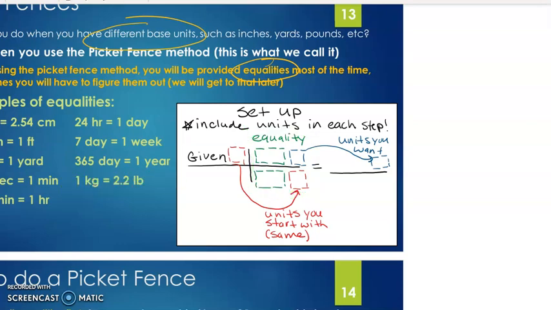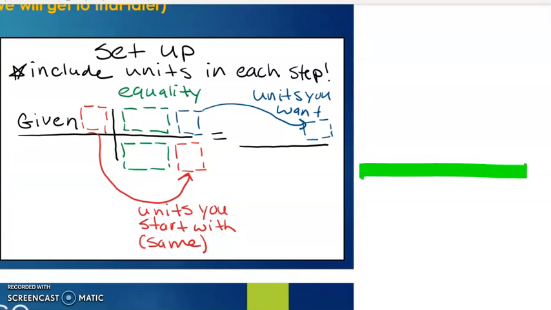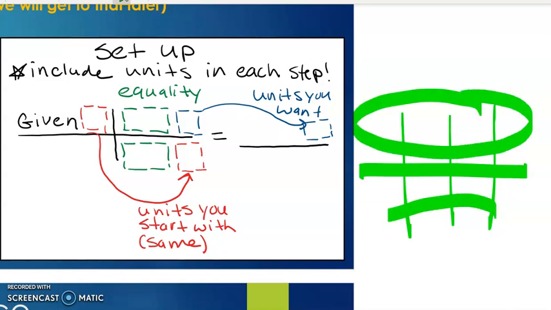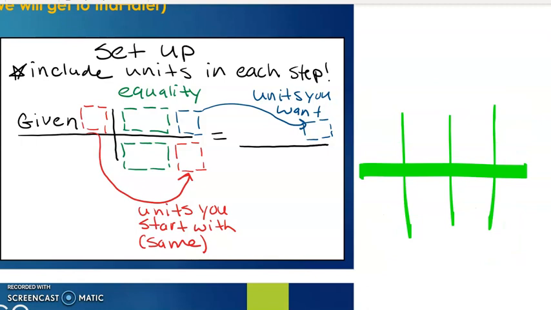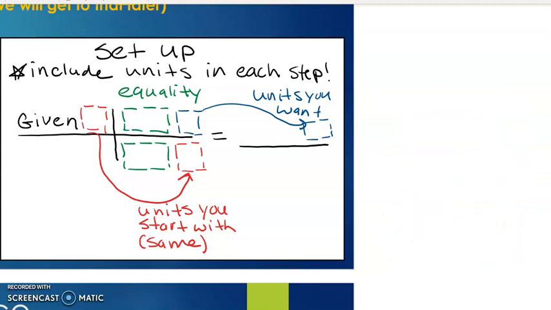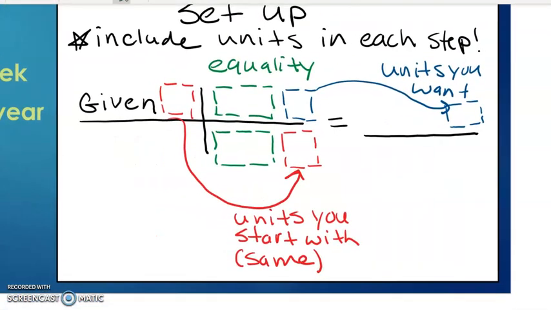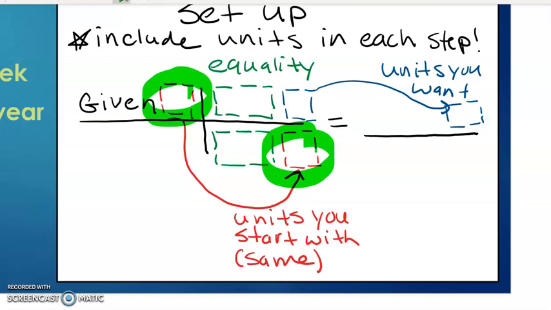Ultimately, this is almost like a giant multiplication and division. You're going to multiply everything in the top, multiply everything in the bottom, and then divide. So ultimately you want units to cancel out in the top and bottom. You can see here in red, those units are going to be the same.